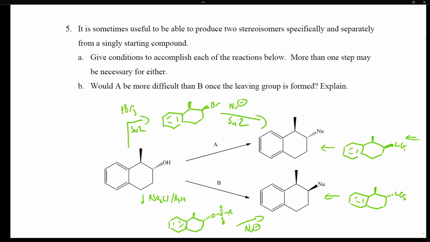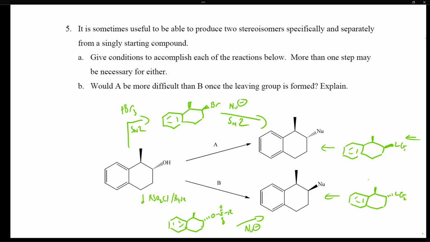So, now, part B of the question was which one would be more difficult from the leaving groups on the far right here. And that is a concept that we're going to come across in later chapters, and also if you went beyond the two courses of this sequence, you'd see it more often.